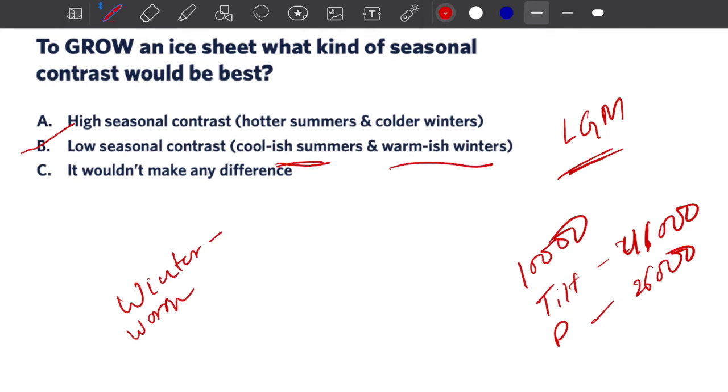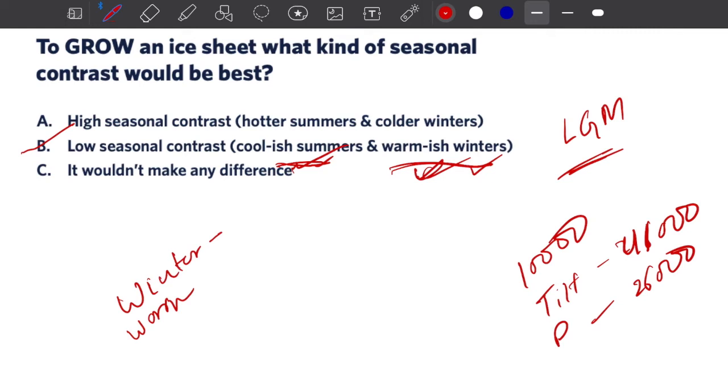Summer being cool means the heat will not be as intense, and warmish winter means the cold will not be as intense. So the intensification of summer and winter seasons is not there. Because there would still be snowfall in the warmish winter, and even if there is a summer, it is coolish in nature.